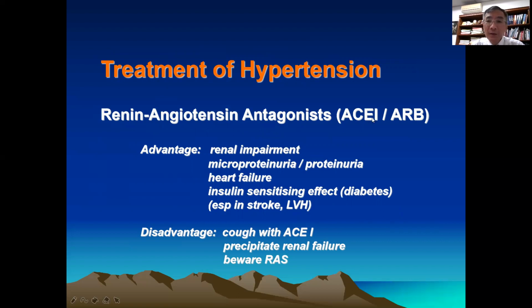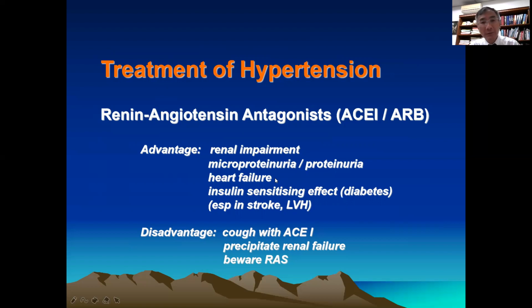These drugs, the ACE inhibitors and the ARBs, are especially good in protecting the kidney. So they will prevent renal impairment, they will slow down renal impairment, and they are especially useful in the patient with proteinuria or microproteinuria. They are also useful in patients with heart failure.